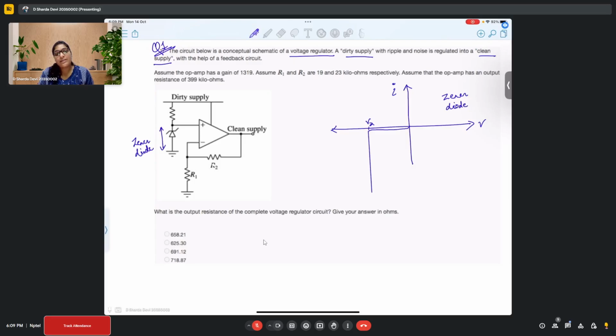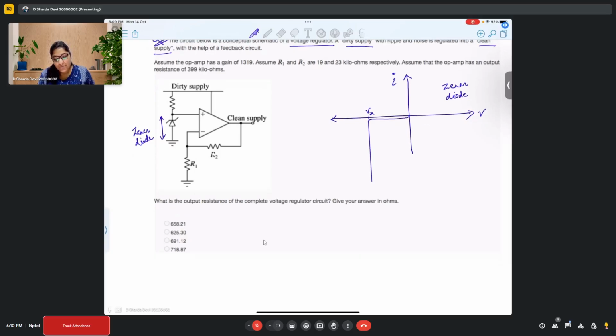Many times, because of this dirty supply, a lot of error comes into the picture. It can also damage your circuit. So that's why it is very important to have a clean supply. For that purpose, these kinds of circuits are used, where the dirty supply from the mains is first cleaned, and then that clean supply is provided to your circuits.